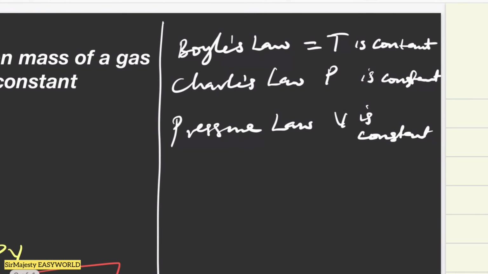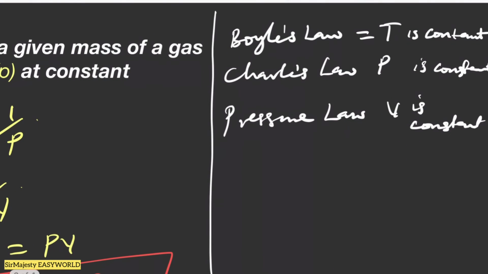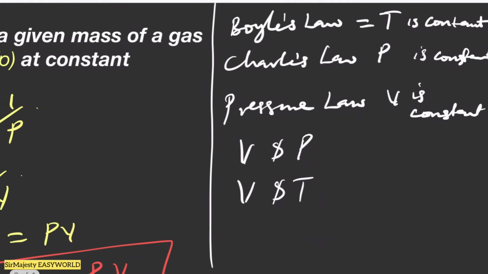Now in Boyle's law, if temperature is constant, it means that Boyle's law is only showing the variation between volume and P. Then Charles' law is only relating volume and temperature, since pressure is constant. Then the pressure law is relating what happens between temperature and pressure at constant volume.